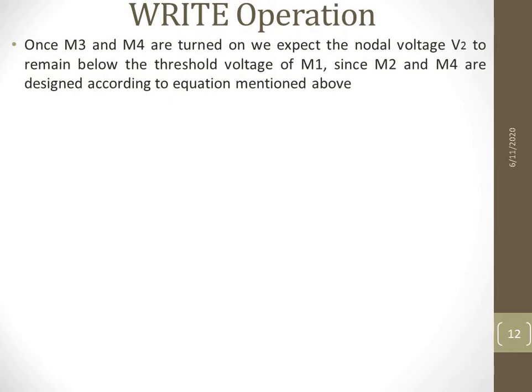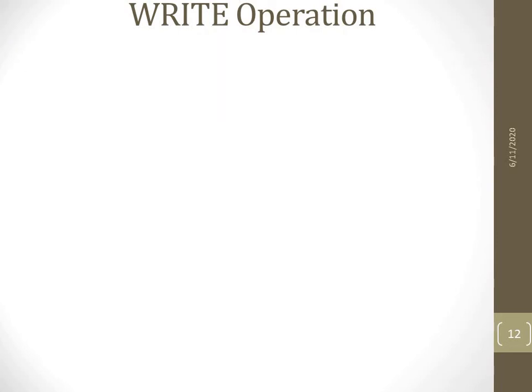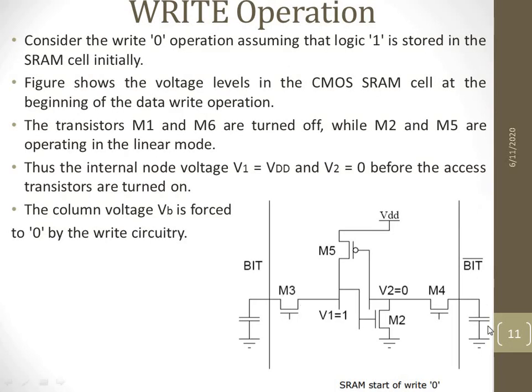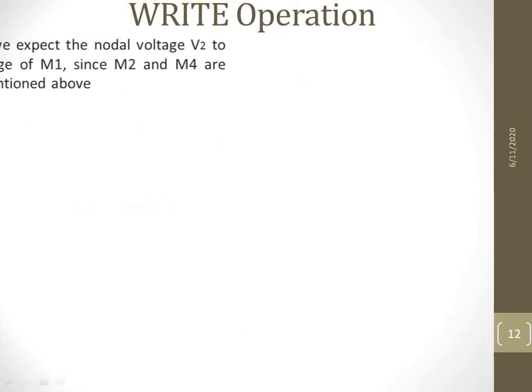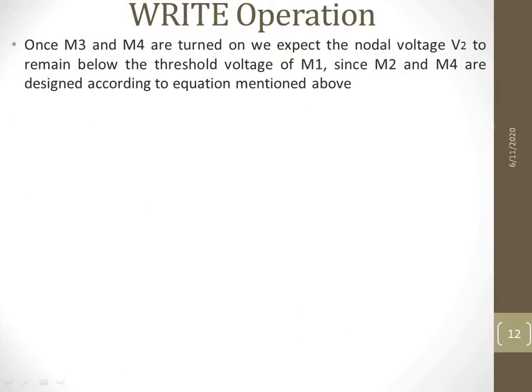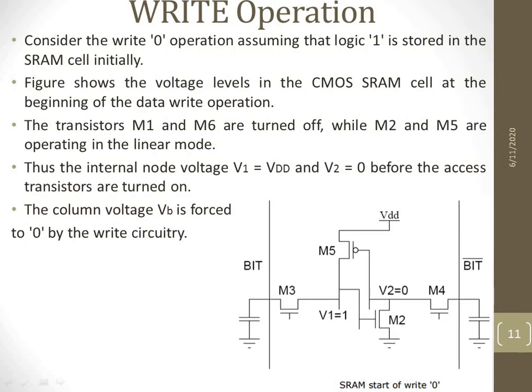Once M3 and M4 are turned on, as shown here, we expect the node voltage V2 to remain below the threshold voltage of M1. So when this is on, this becomes low.